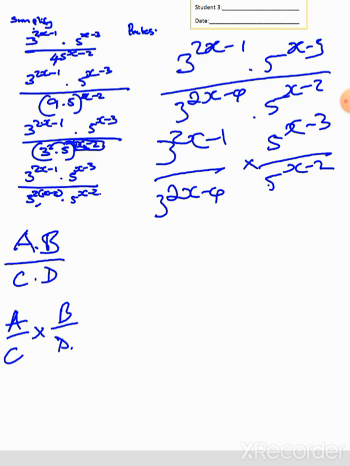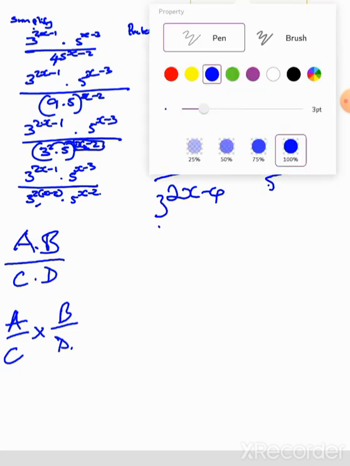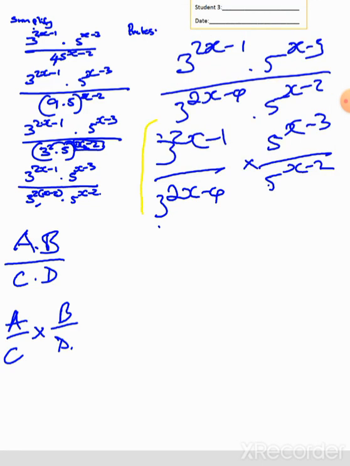And then the only thing that we have to do now is just to use the power rules, because we've got the same base on this side, and the same base on this side. Now we can use the power rules. If you are dividing, you subtract. Therefore this one can simply be written as 3 to the power of 2x minus 1, minus (2x minus 4).